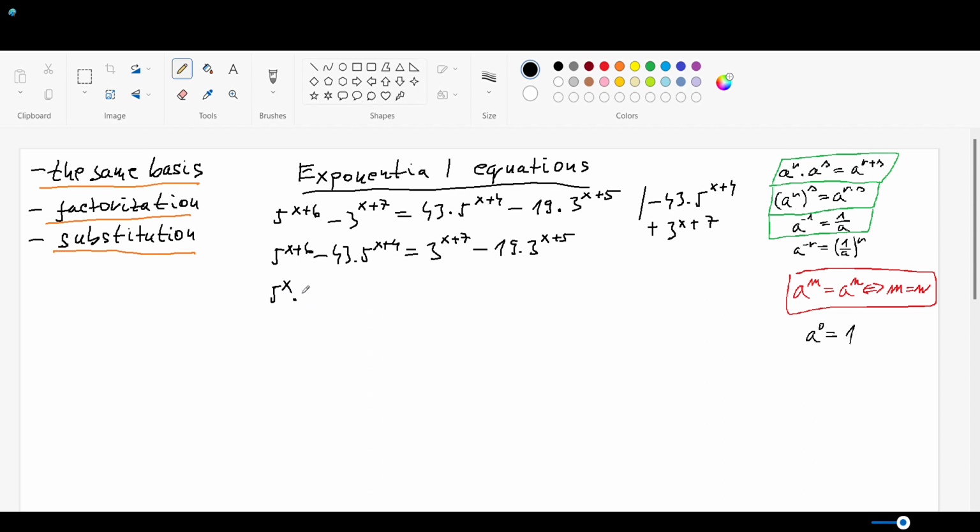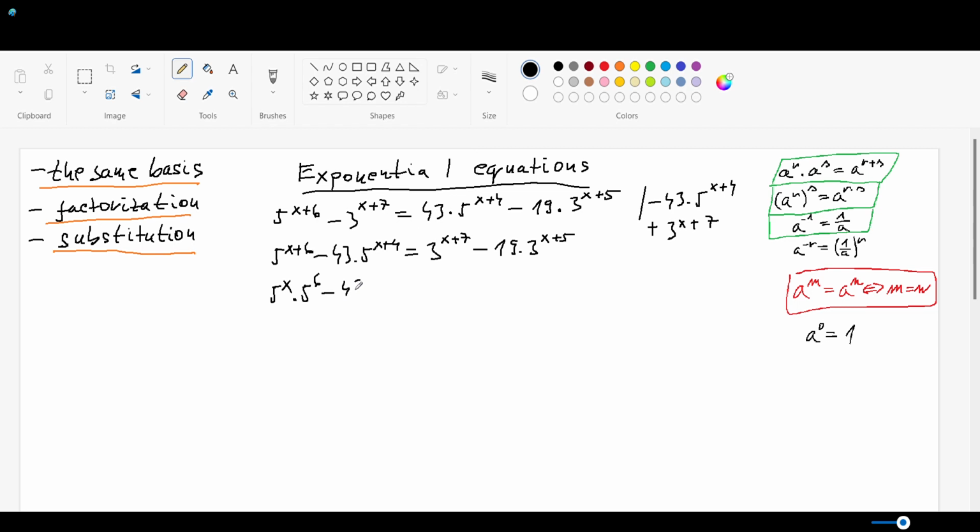It's going to be 5 to the power of x times 5 to the power of 6. I just want to stress that we used this formula the other way around. We went from the addition of the exponents to the multiplication of each exponential.